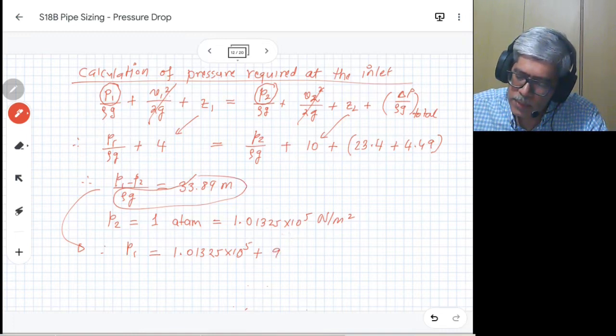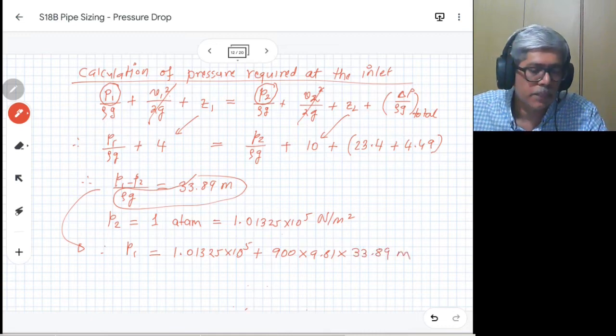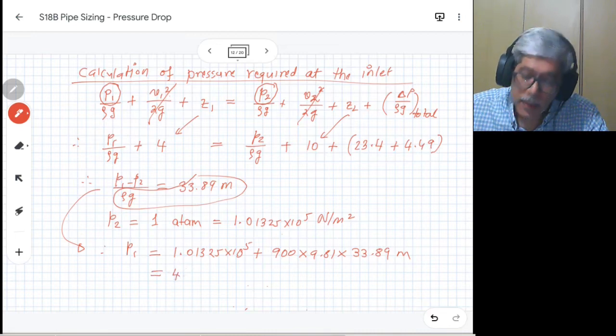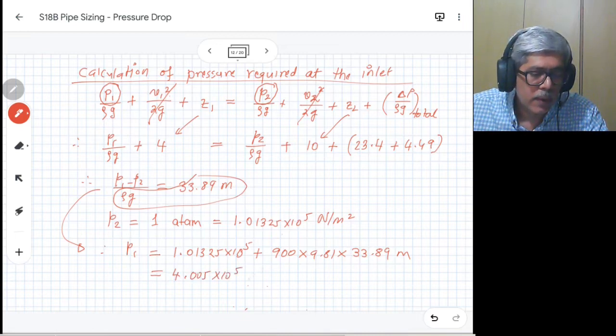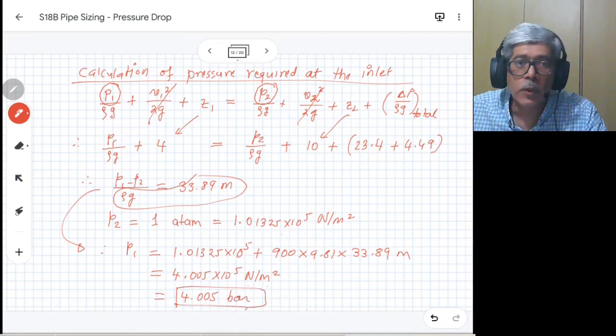So rho is 900 kg per meter cube, g, multiplied by 33.89 meters. This gives us the pressure at the inlet as 4.005 into 10 to the power 5 Newton per meter square, or 4.005 bar. This is the absolute pressure which is required at the inlet of the vessel.